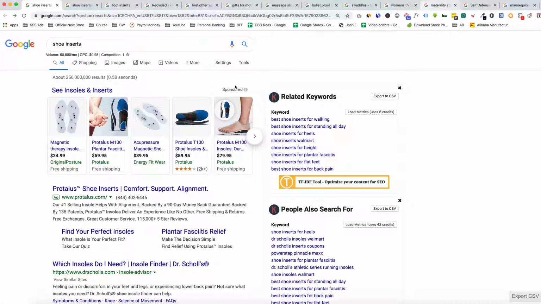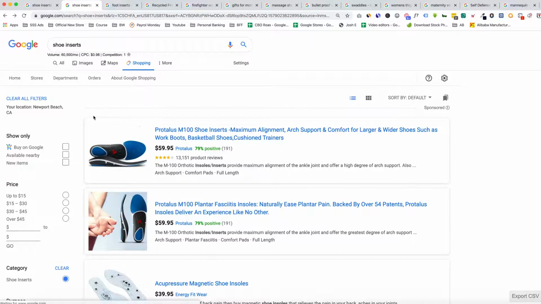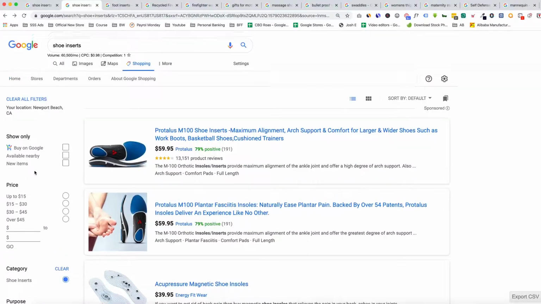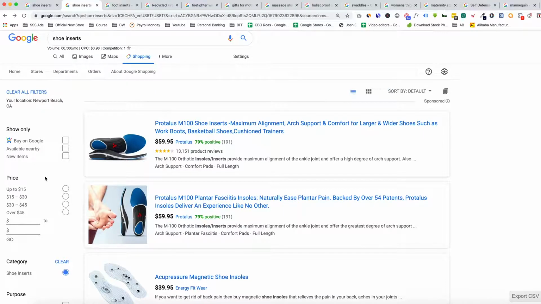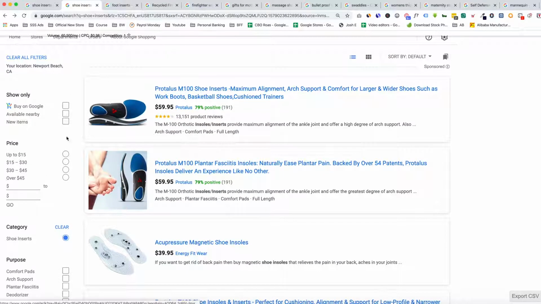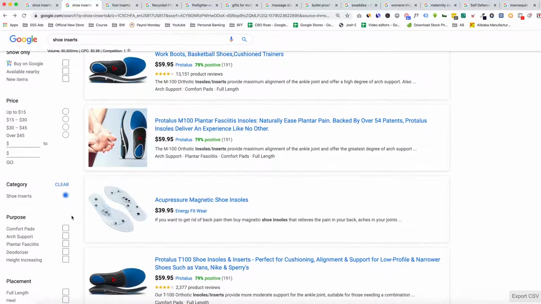Well, if you need more ideas and you want to see what else is a good idea in this subset, or under this umbrella of a niche, then what we can do is click on shopping, and it'll take us to a view like this where we have filters on the left and still rankings on the right. The reason this is interesting is because we will see the most popular searches based off of the filter that we give.